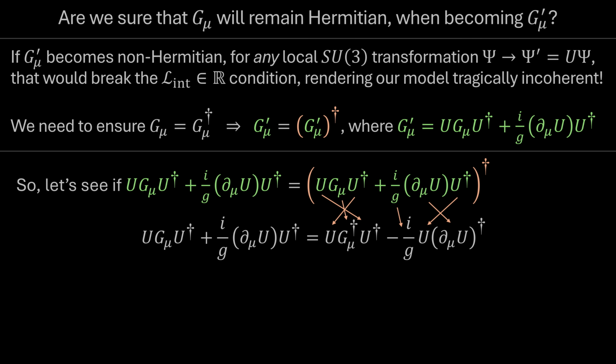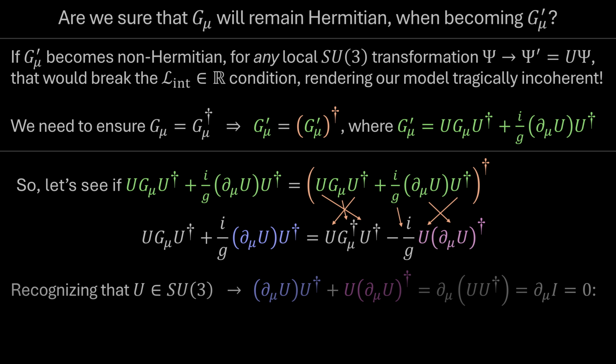Now if you look at the two sides of this equation, they look kind of similar, but it's not totally obvious that the left-hand side of the equation is exactly equal to the right-hand side. But remember, U is a matrix in SU(3).